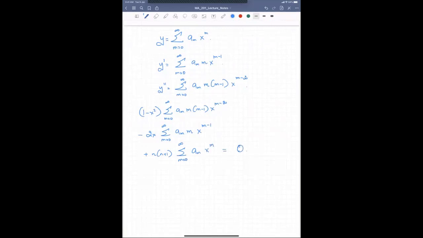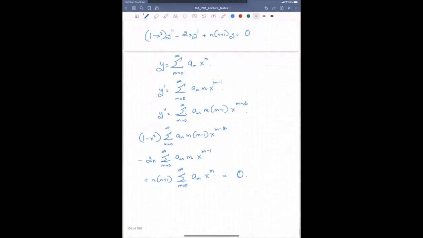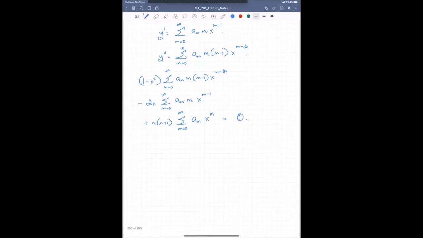This is a homogeneous differential equation. The right hand side is 0. Now look at the first term. The first term is actually two different series, right? The first series is 1 multiplied by whatever that series is, and the second series is x squared multiplied by whatever that series is. So let me write this as two different series. The first series is the sum from m equals 0 to infinity of a_m m (m minus 1) x to the m minus 2, minus, what is the second series?